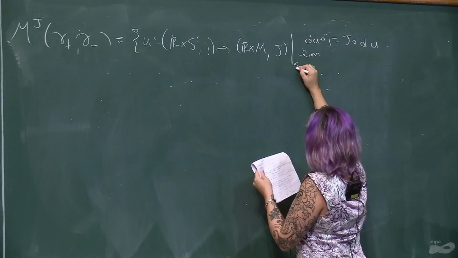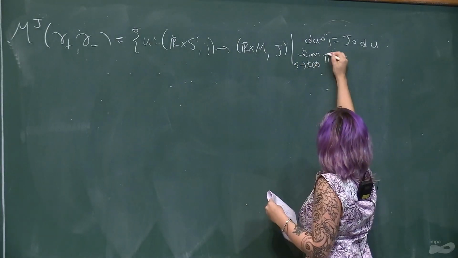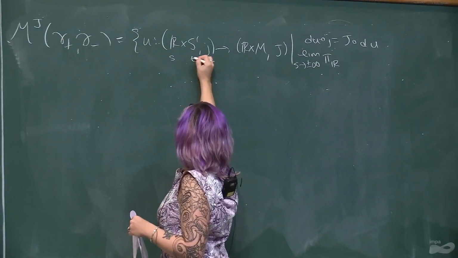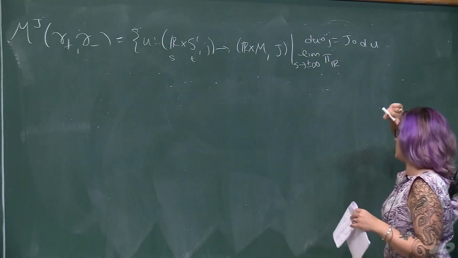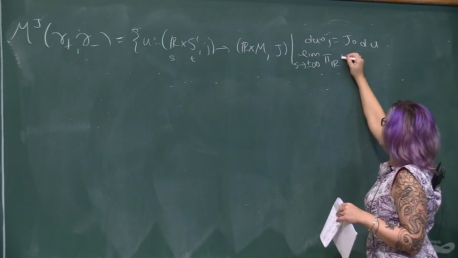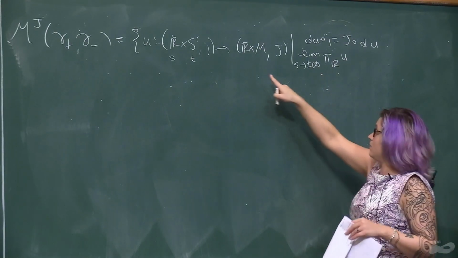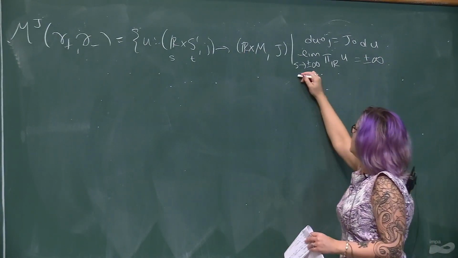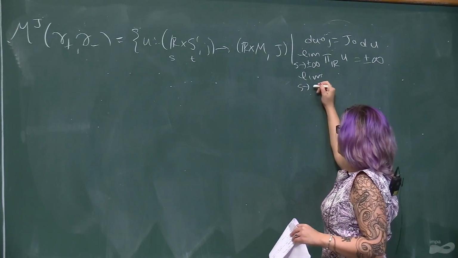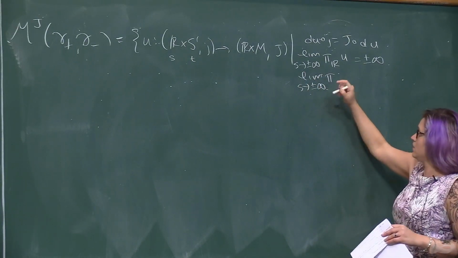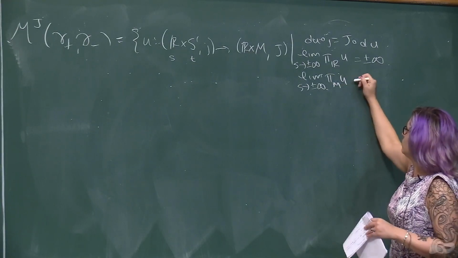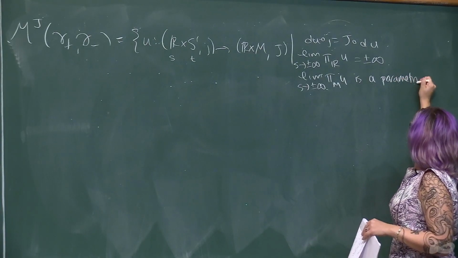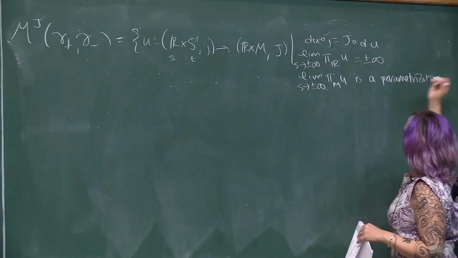So we want the limit as s goes to plus or minus infinity of the projection to the R component of our curve. Here s is the R coordinate, t is the S1 coordinate, and when I project my curve to the R component of my symplectization, I want to get plus or minus infinity. And then if I look at the limit as s goes to plus or minus infinity of pi_M of u, this needs to be a parametrization of the Reeb orbits.